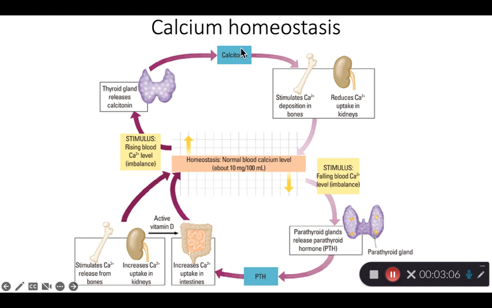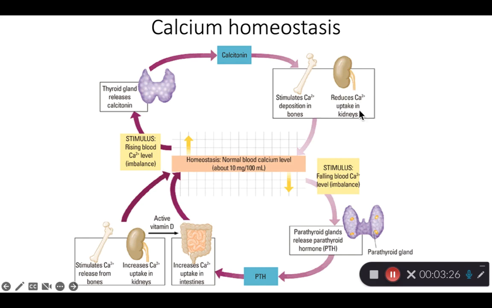All right, calcitonin is going to have two main targets. One are bones. So it's going to cause calcium to be deposited more in your bones. All right, so that should make sense, right? That'll bring down calcium levels. The other target is your kidneys.